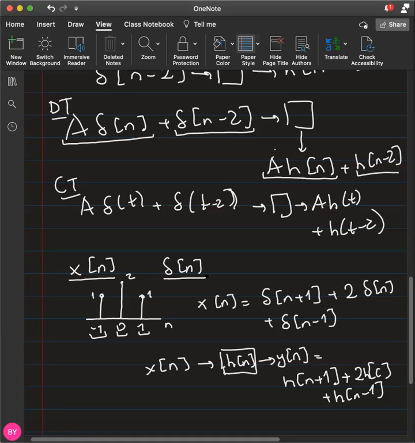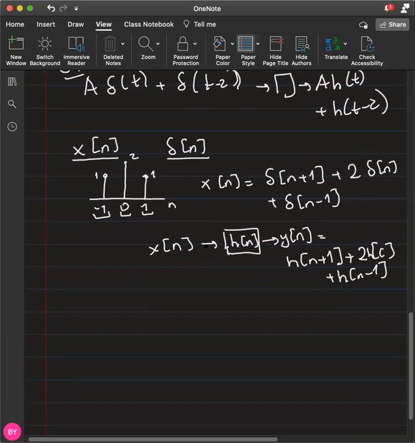So what am I saying here? If I know the impulse response of a system and I can easily decompose my input signal into Dirac ends like that, I can easily find out the outputs, okay? The outputs will be linear combination and shifted versions of h of n.